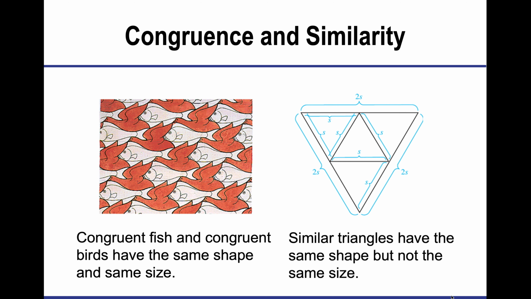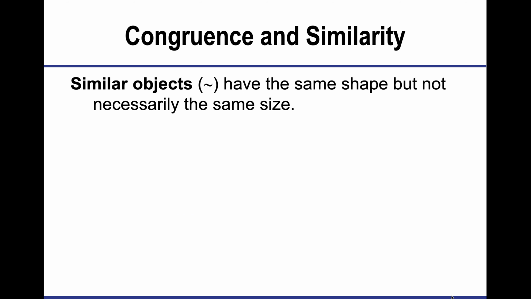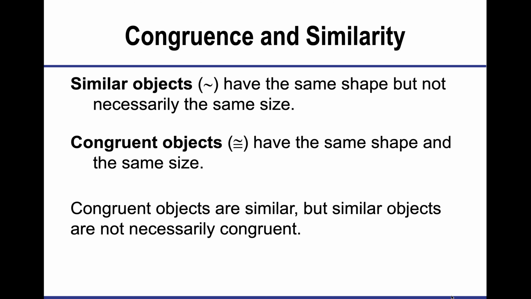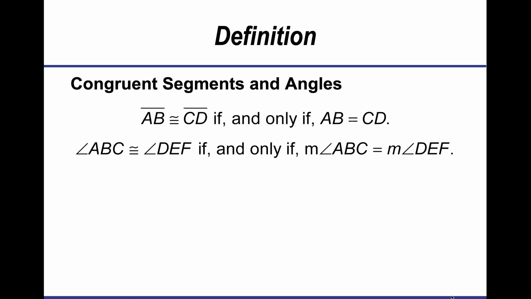Here I have similar triangles: they're not the same size, but they do have the same shape, and they have a scale factor. Two similar objects have the same shape, but not necessarily the same size. If it's congruent, it has to have the same shape and the same size. Congruent objects are considered similar, but similar objects are not considered congruent.